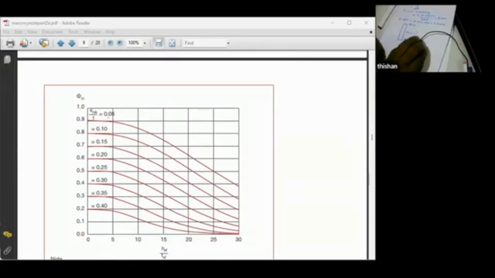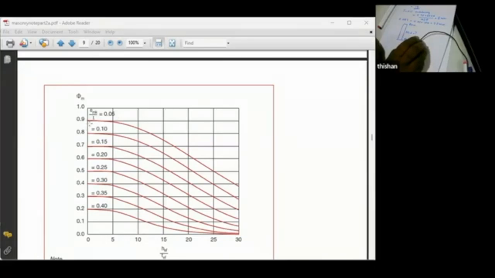So here you can see the initial eccentricity is less than 7.5 millimeters. It's 5 millimeters.